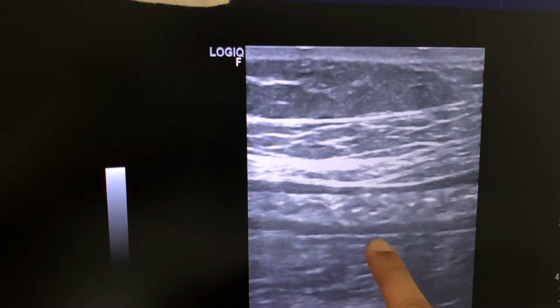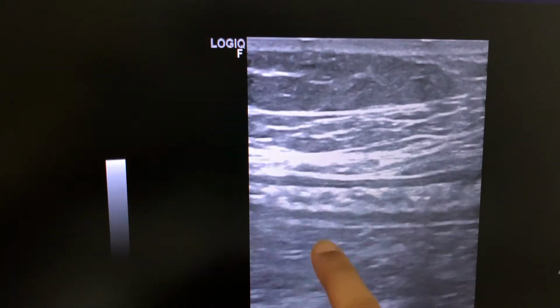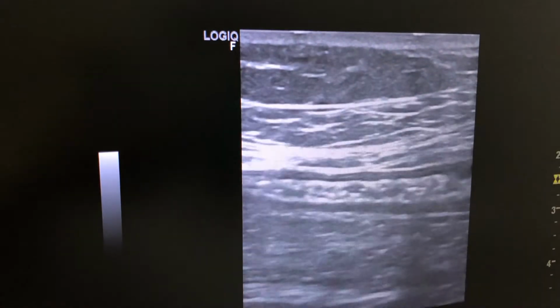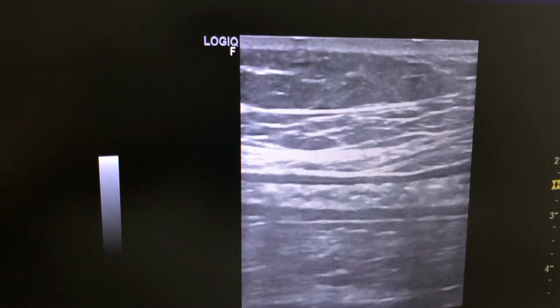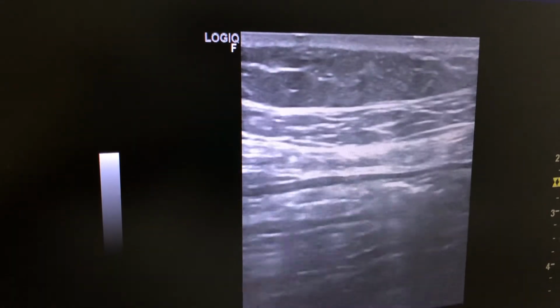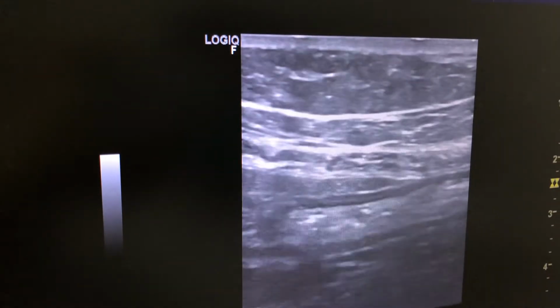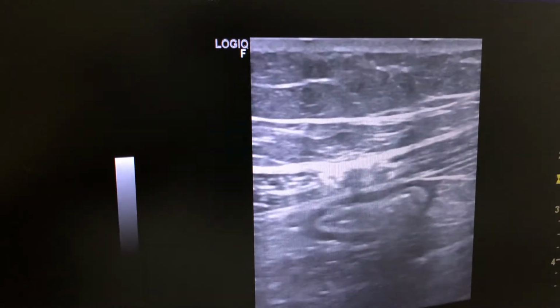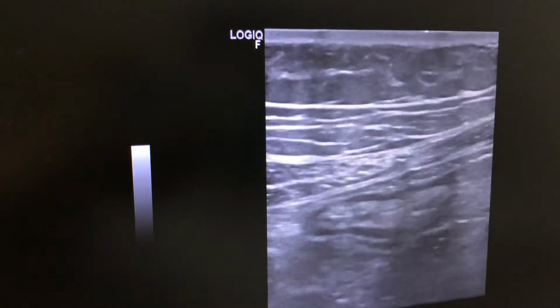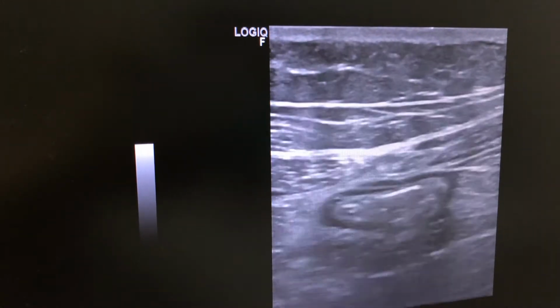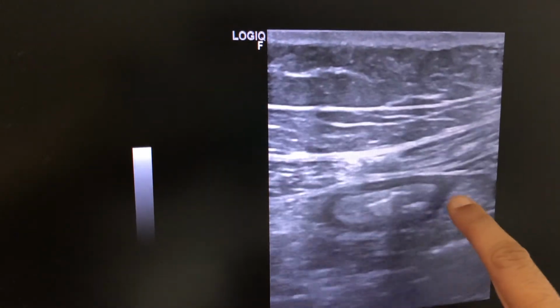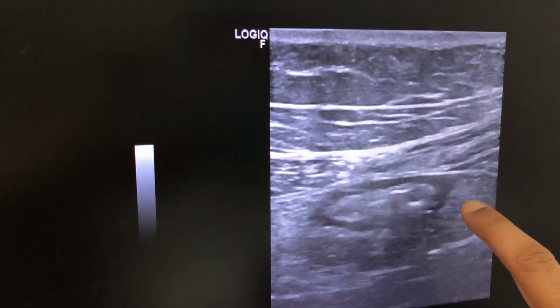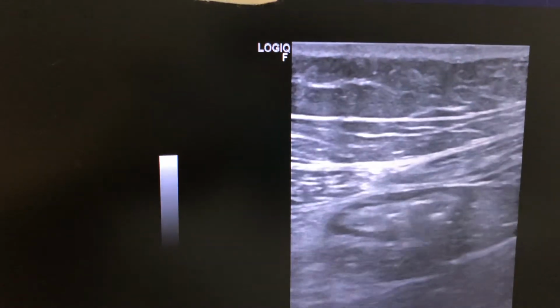For this you have to look at the outer margin for a polypoid projection. This was the longitudinal view, and in the transverse view also you can scan. If there is a diverticulum, there will be an outpouching of some hypoechoic structure.